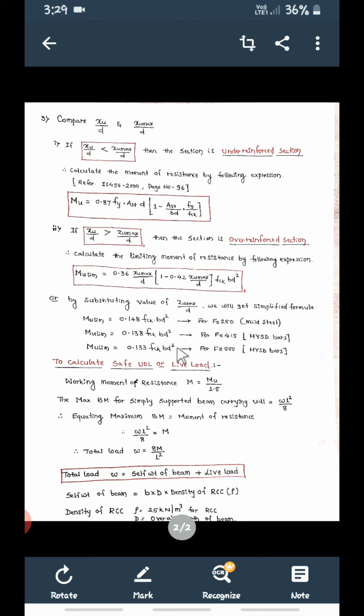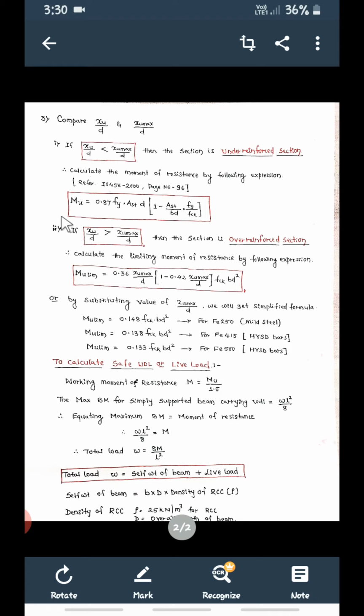Depending upon the grade, you use the appropriate equation. This is the condition when xu by d is greater than xu max, that is, if it is an over reinforced section, then your section will be limited to the limiting condition. If xu by d is less than xu max, directly you can use this.